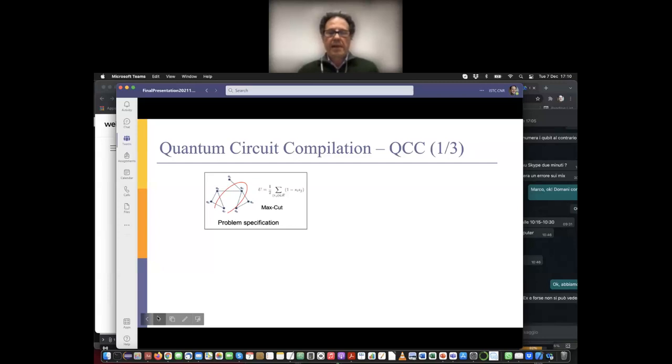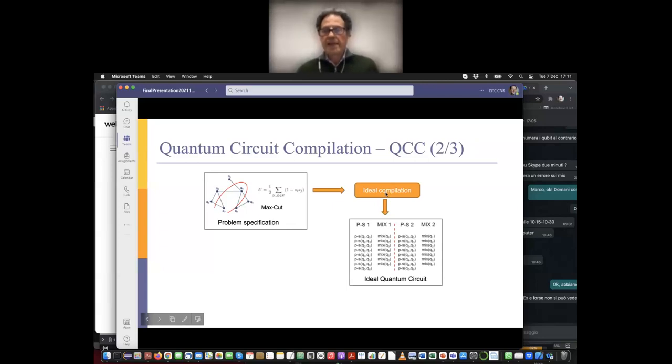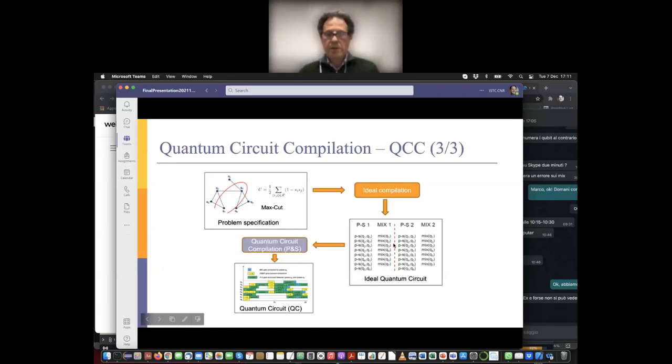This is an intuition about the compilation problem we are going to solve. We start from a problem specification, for example the max cut, which is a very famous problem in quantum computing, and we realize an ideal quantum circuit, a sequence of gates which implement the solving procedure for the max cut. Next, we need to compile the circuit to a specific quantum machine, for example from IBM, Google or Rigetti.